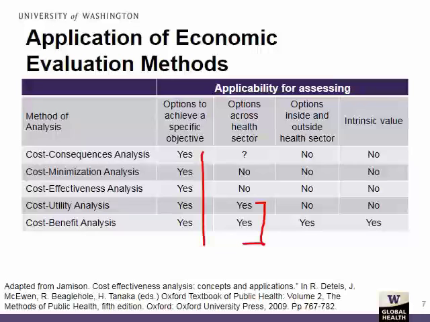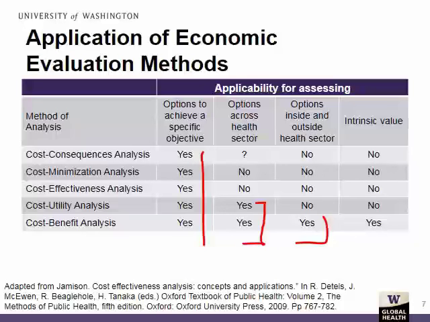Now, if you wanted to expand that and assess interventions in the health sector and outside of the health sector, for example in the environmental sector, then you only have cost benefit analysis to use. And the reason is that if you have money on both the denominator and the numerator, then you can calculate what they call a benefit to cost ratio.